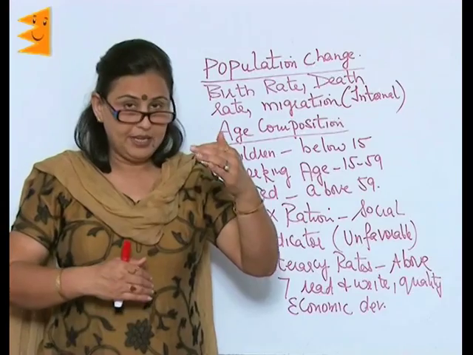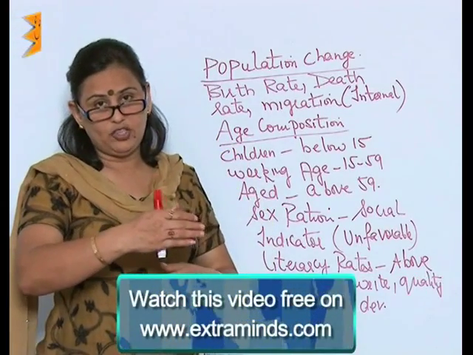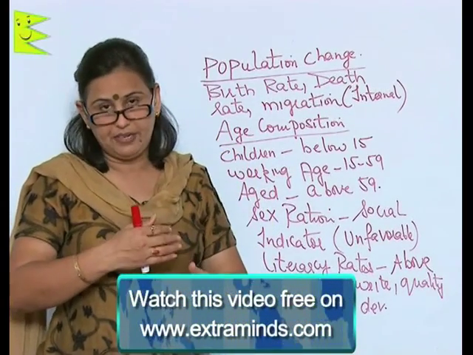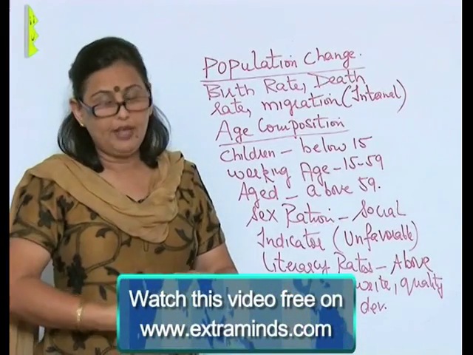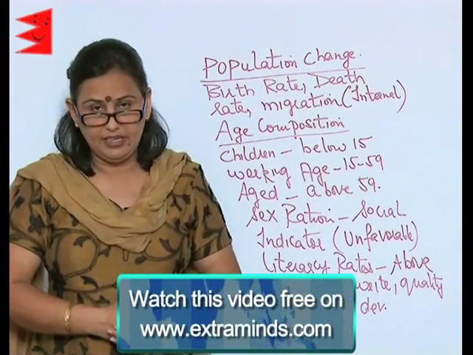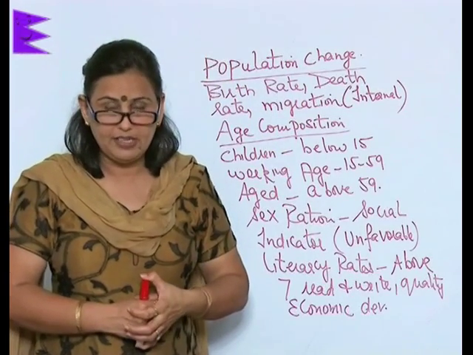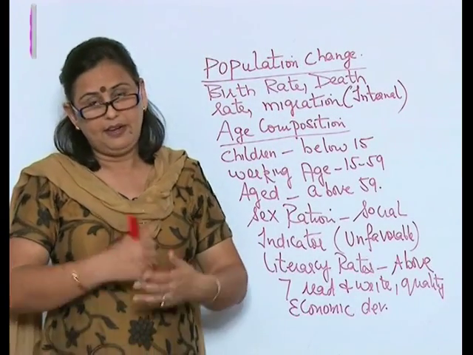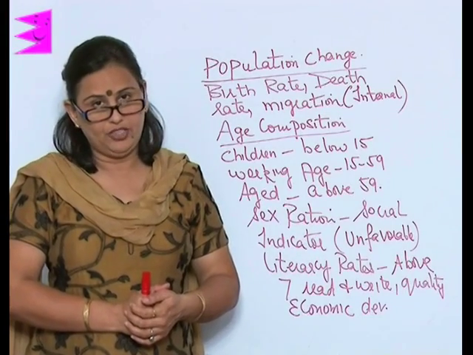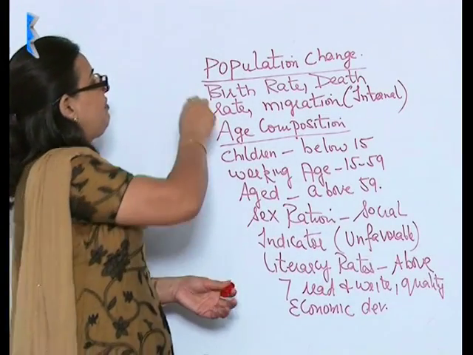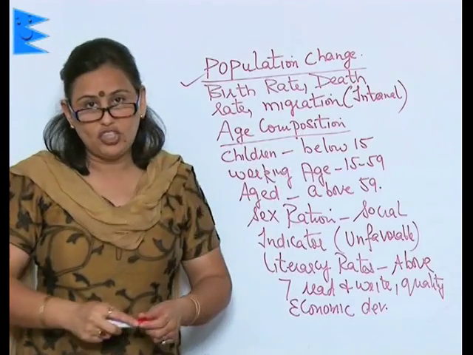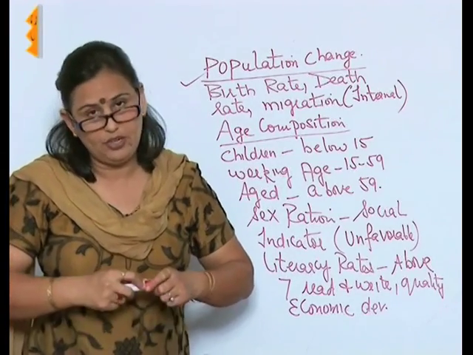When there is immigration and emigration, that makes a lot of difference. If people are moving in, the population of a country is increasing. If people are moving out of the country for various reasons, then there is a decline in the population. So all these factors together change the population of a country.